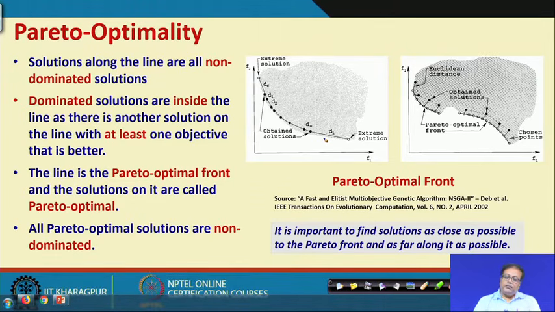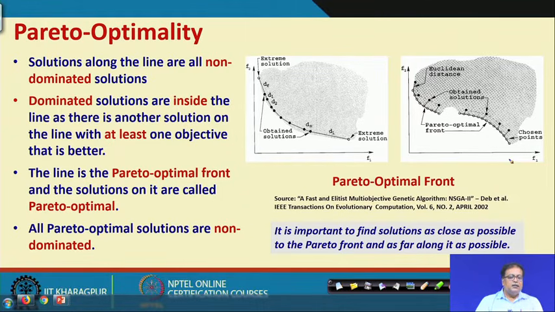But the shape of the Pareto optimal front need not be the same all the time, there could be different shapes, as you see here. When the shapes are different, you may have difficulty in interpreting the solutions.